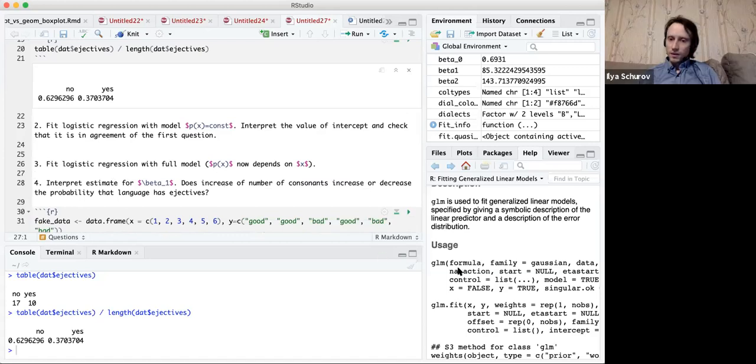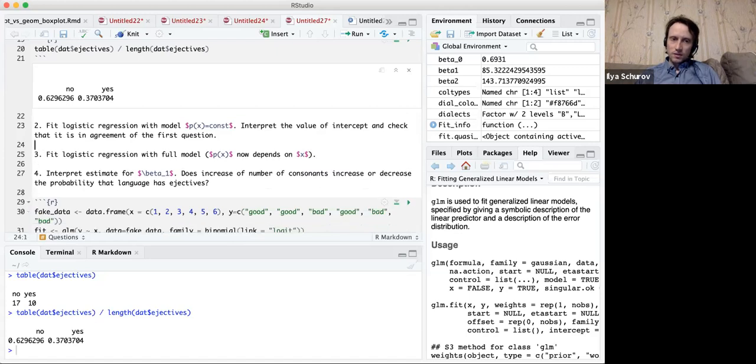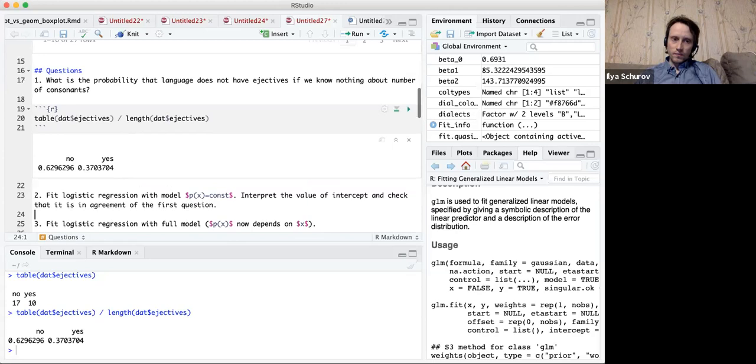By the way, if the answer for question number 2 is negative, yes, we have to compare. Okay.